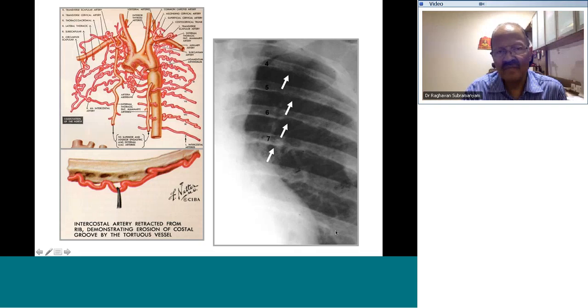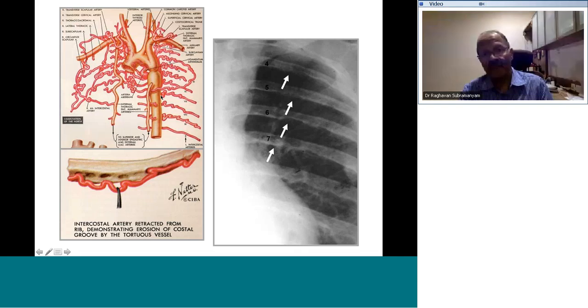You do not see much indentation in the lower rib as well as the first and the second rib. So most of the collaterals form from the subclavian in the 3rd and 4th intercostal space onwards. Okay, so this is a classical example of rib notching in the case of coarctation.